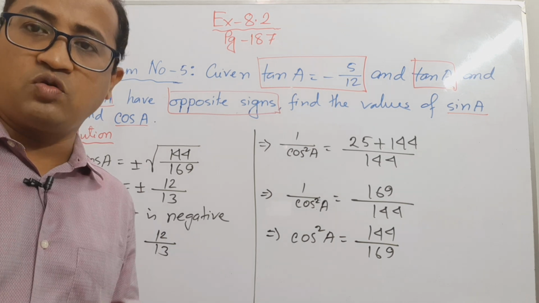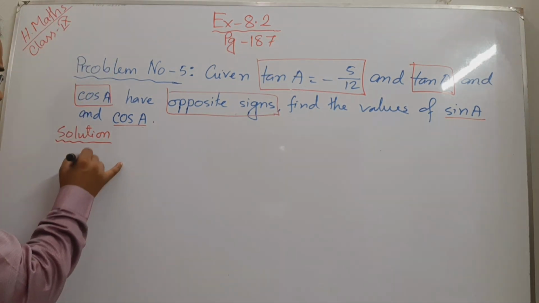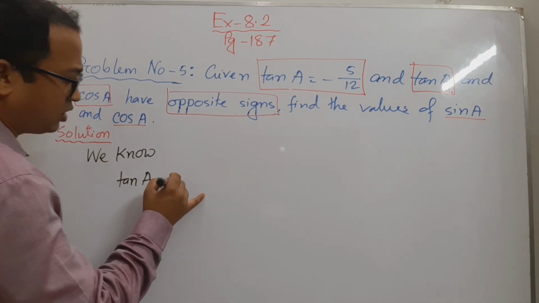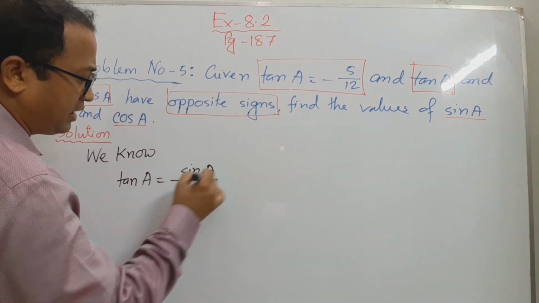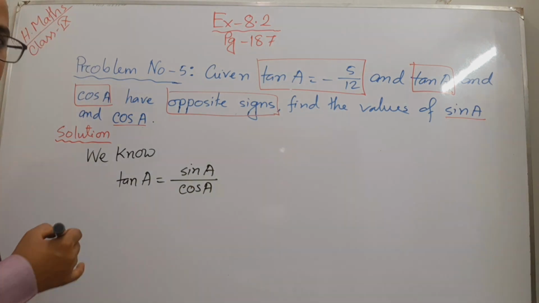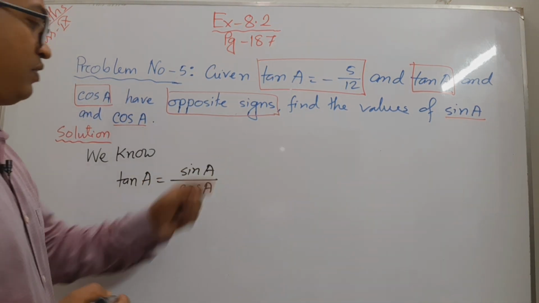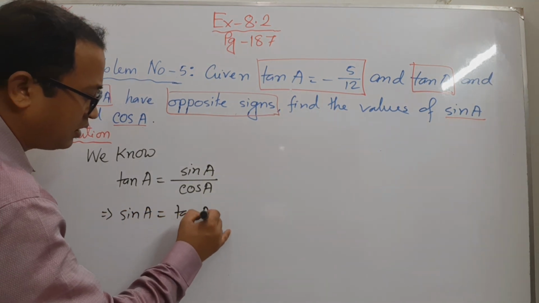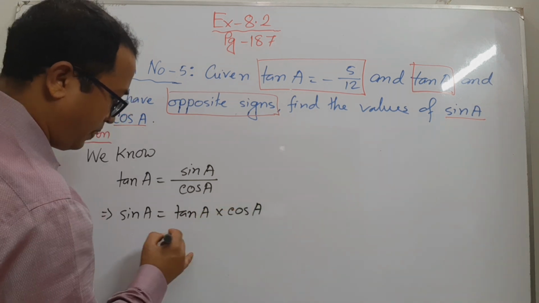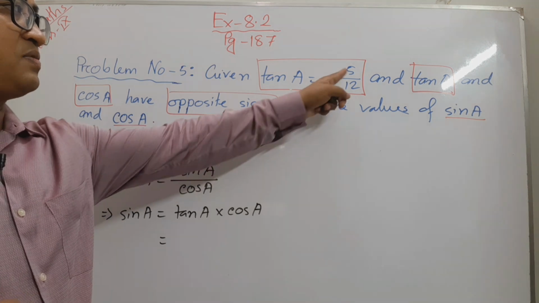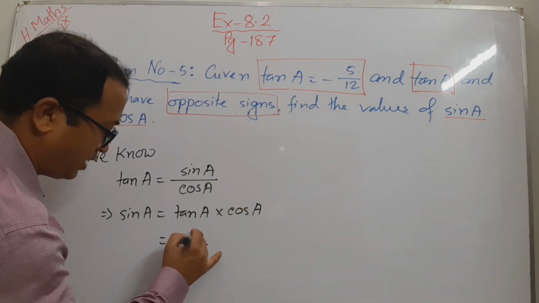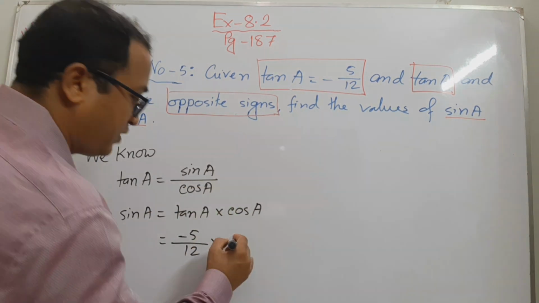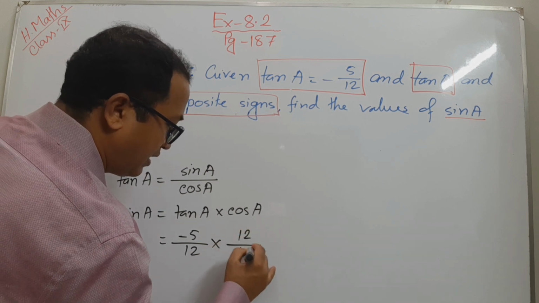So now we will find the value of sin A. We know tan A equal to sin A by cos A, so sin A equal to tan A into cos A. The value of tan A is minus 5 by 12, and the value of cos A, just now we found, is 12 by 13.